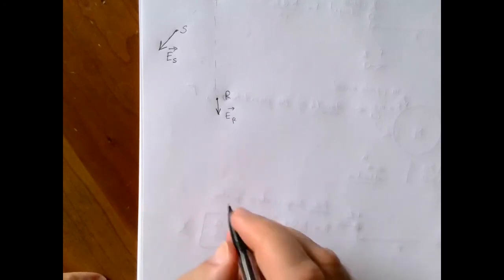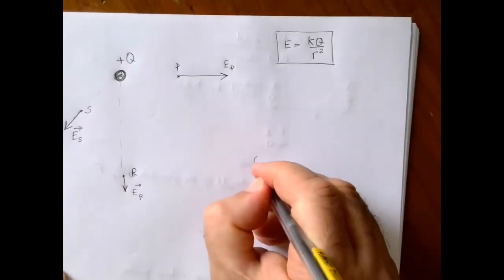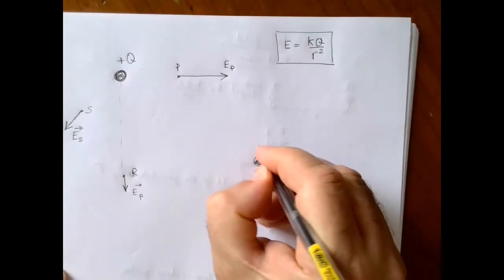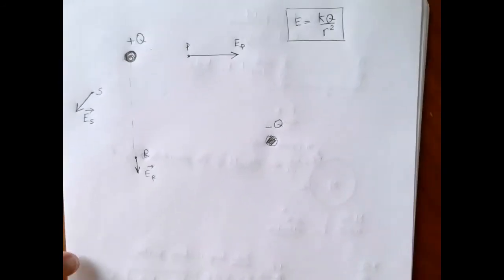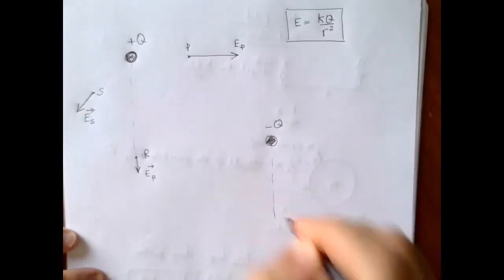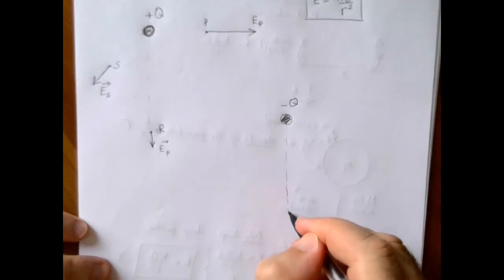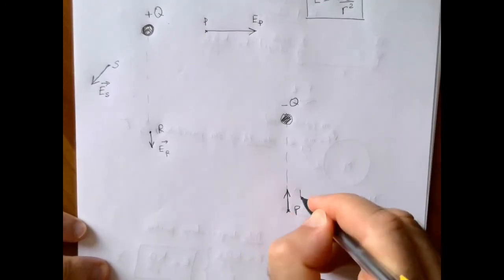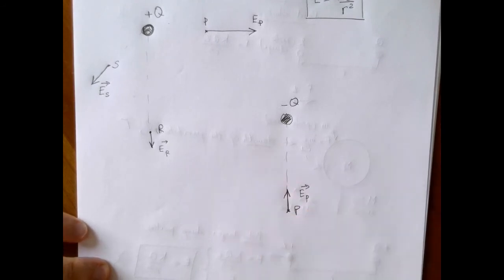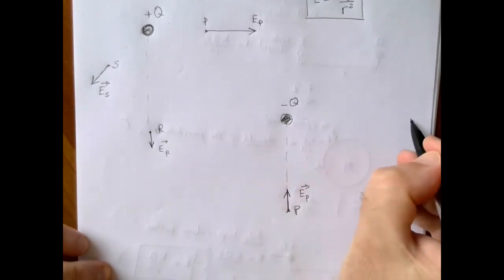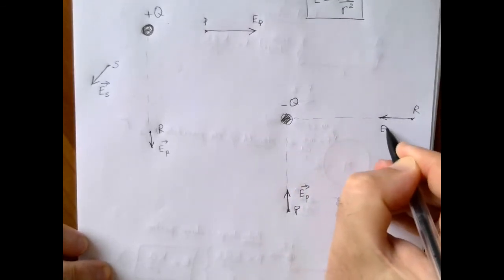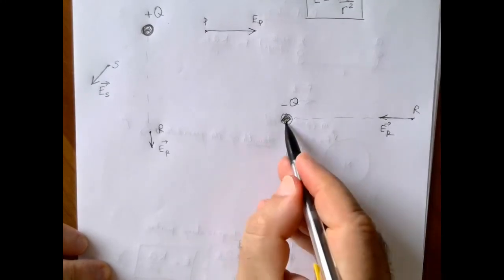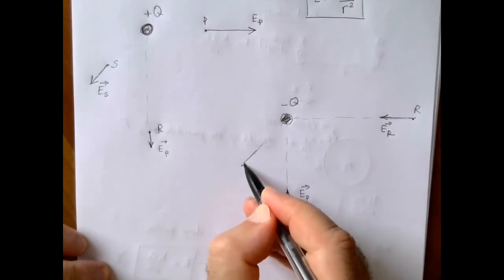If, on the other hand, the charge is negative, the same discussion applies, except the electric field will be towards the charge. So if I'm choosing point P here, this will be the electric field at point P. If I'm choosing a point here, this will be the electric field at point R, and so on.